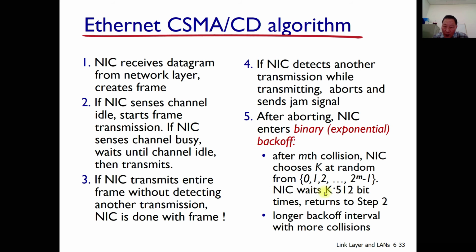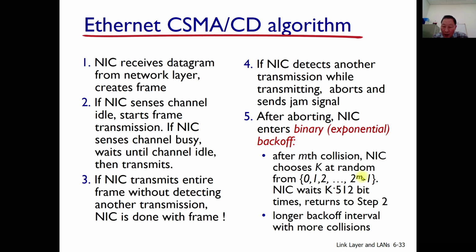Thus the card waits 0 bit times or 512 bit times: if K is 0, then that is 0; if K is 1, it is multiplied, giving 512 bit times. If there's another collision, then the range will be increased to 0 to 3.